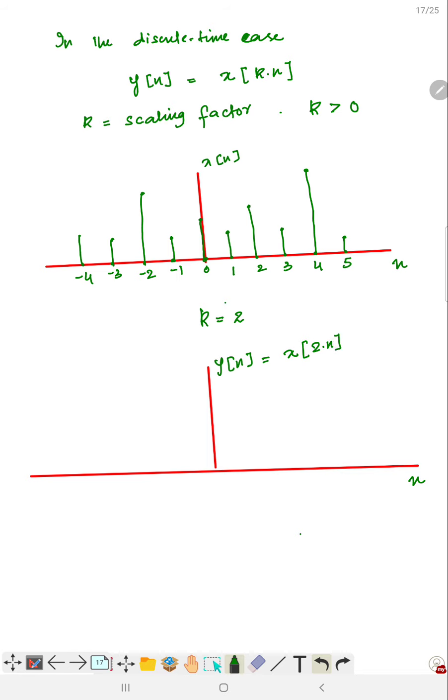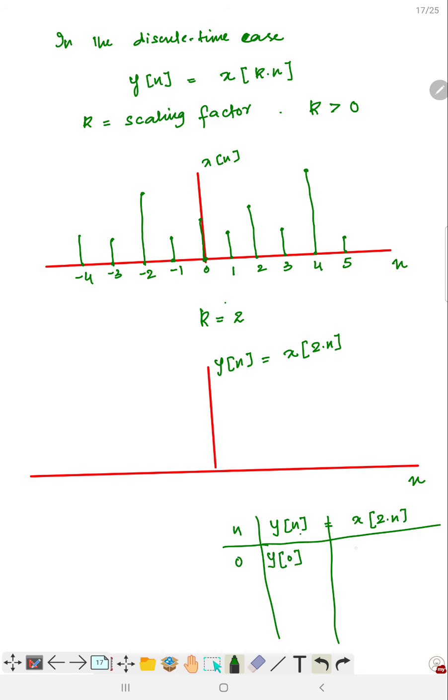Again, you can do some rudimentary calculations. I can simply construct a table to find the sample values. If n has a value of 0, y of 0 will be x of 0. If n has a value of 1, y of 1 will be x of 2. Similarly, if n has a value of 2, y of 2 is x of 4.